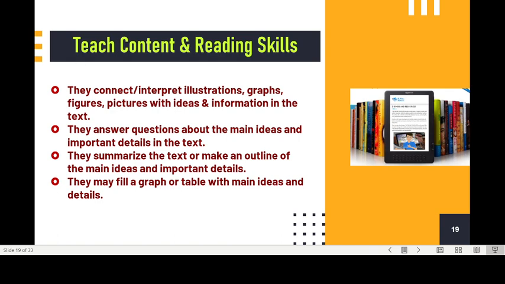We can give them a couple of questions about the main ideas, about the details in the text. They can summarize the text. They can make an outline of the main ideas and important details. We can give them a table. We can give them a graph. And they fill the table and the graph with the main ideas and details. Of course, to go through these in detail and give examples, I need one whole hour.